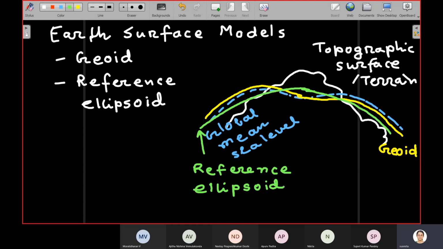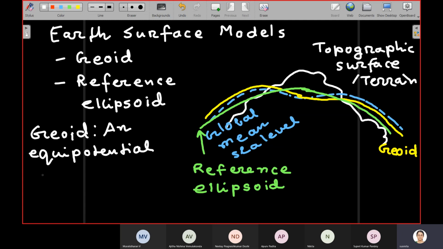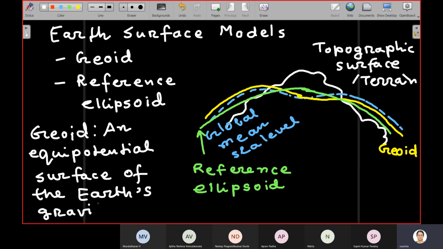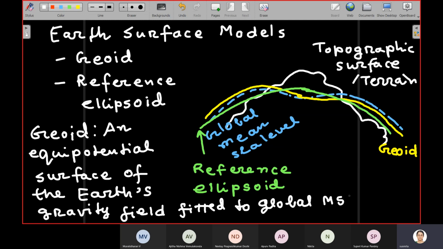Now, what is a geoid? So geoid is basically an equipotential surface of the Earth's gravity field, fitted to global mean sea level in a least square sense.